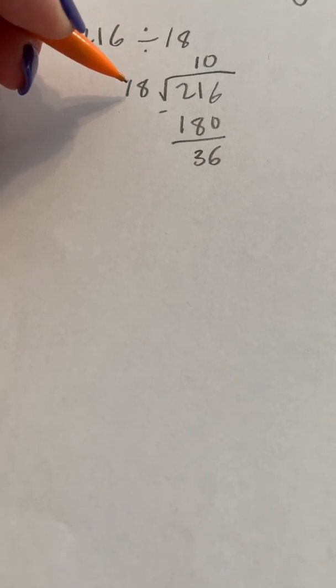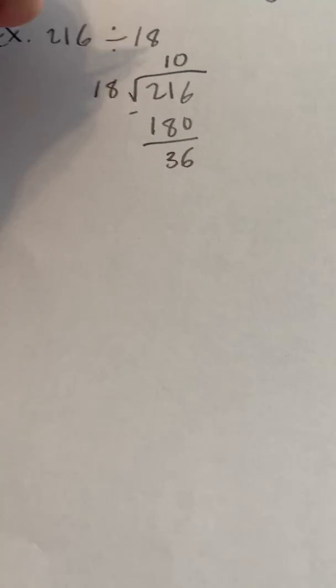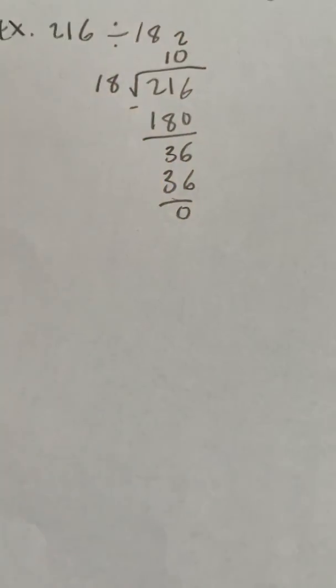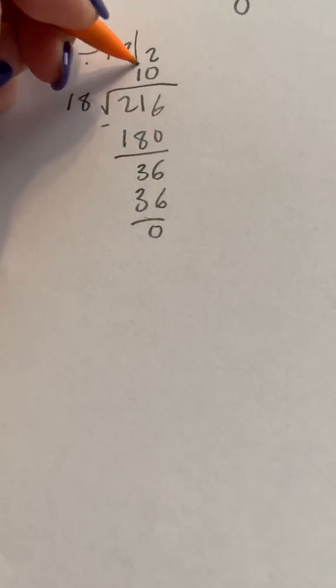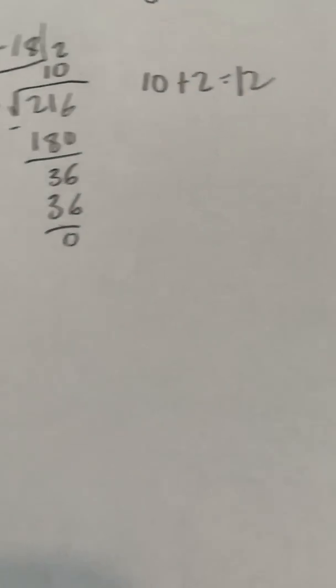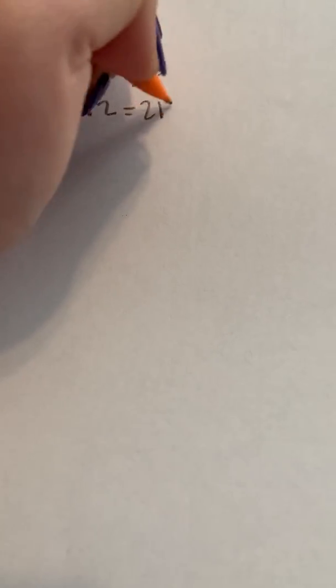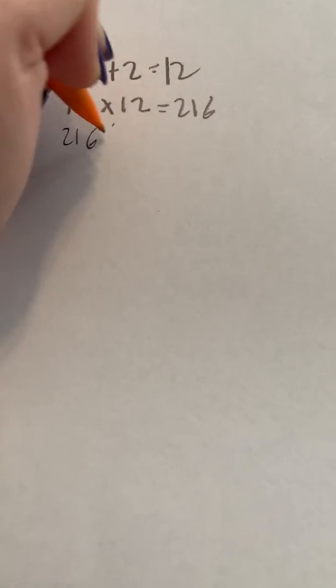And then how many 18s can fit in 36? That's going to be 2. So we're going to put a 2 up top, multiply it, so 36, and then 0. So we have 10 and a 2, so 12. So that's how many 18s, 12 18s into 216. So 18 times 12 equals 216, and 216 divided by 18 equals 12.